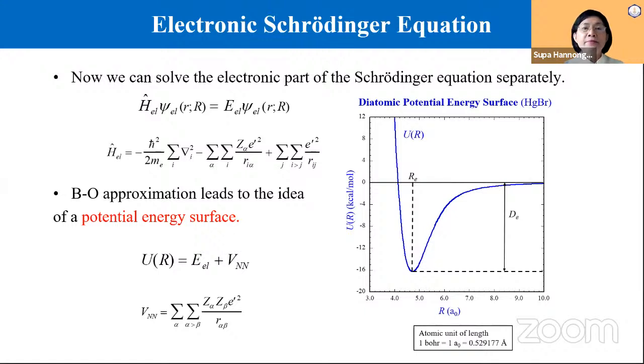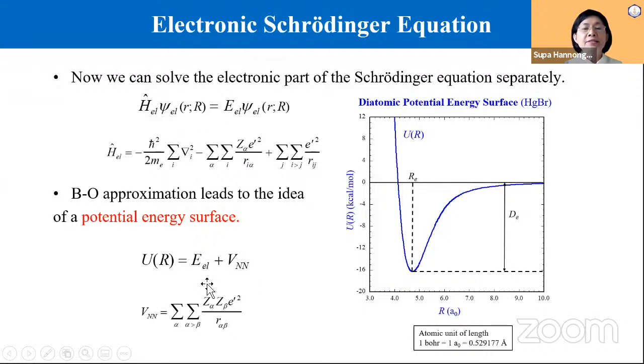Based on the Born-Oppenheimer approximation, it is also very important to mention the potential energy surface, or the PES. The potential energy surface is obtained from the electronic energy and the potential energy of the nuclear repulsion.